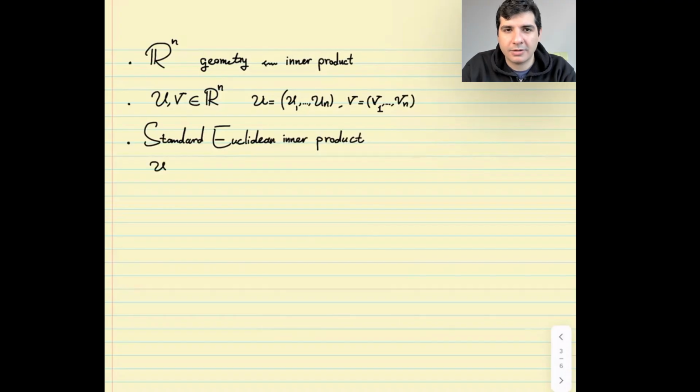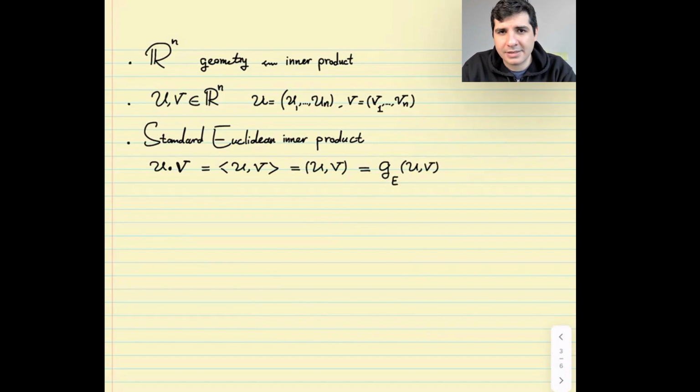Sometimes it's called the dot product, denoted by u dot v. Sometimes it's denoted by this other notation. We can use parentheses, we can use left angle, right angle. Sometimes it's denoted as g of u and v. G is sometimes used for the inner product. To emphasize this is the standard inner product on Euclidean space, we might denote g with subscript e.